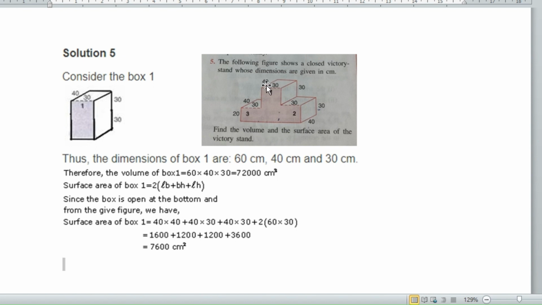Now up to this one the total is 60, minus 20, this one is 20, so 60 minus 20 is 40. Here to here is 40.